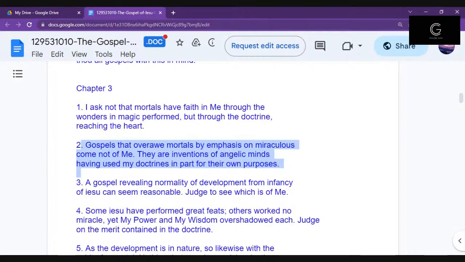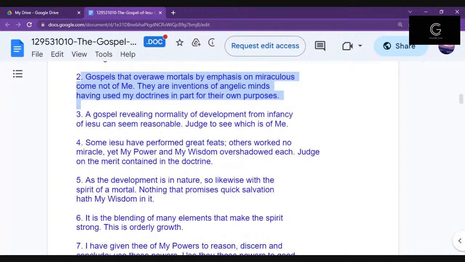They are inventions of angelic minds, having used my doctrines in part for their own purposes. Look at that. A gospel revealing normality of judgment from infancy of iesu can seem reasonable.